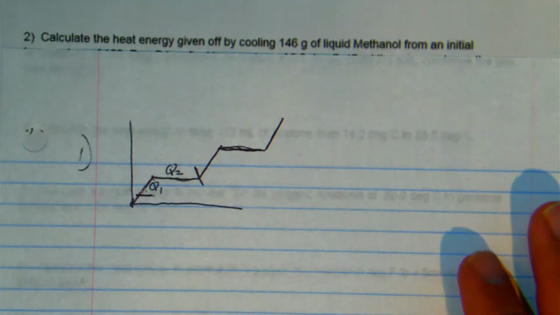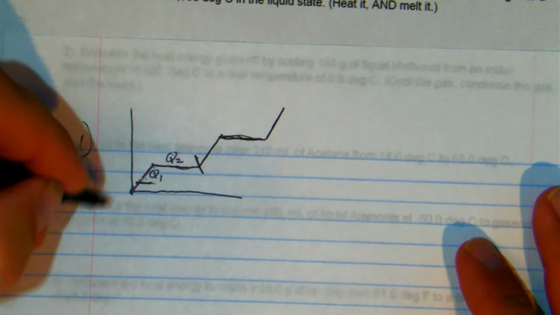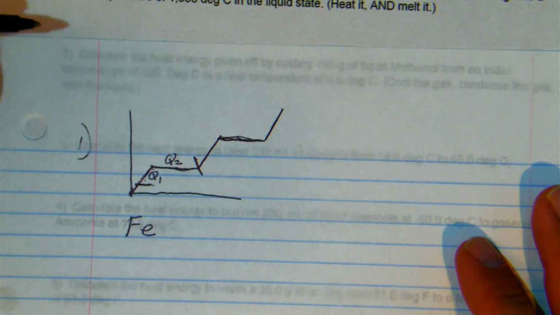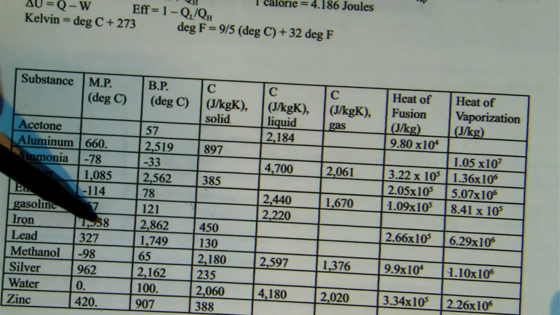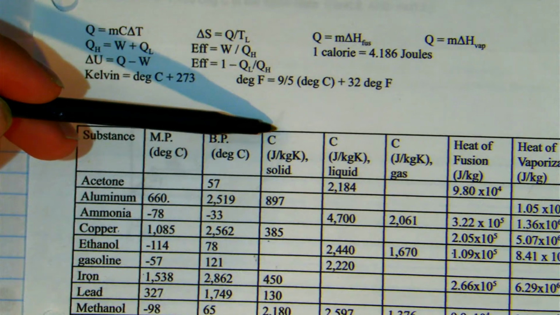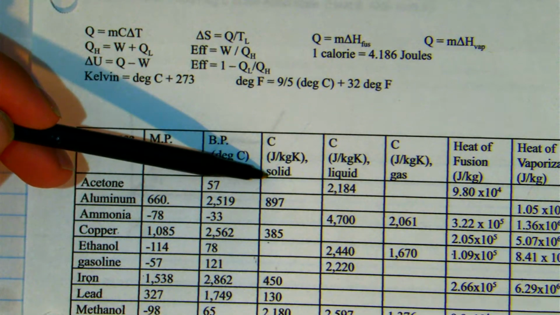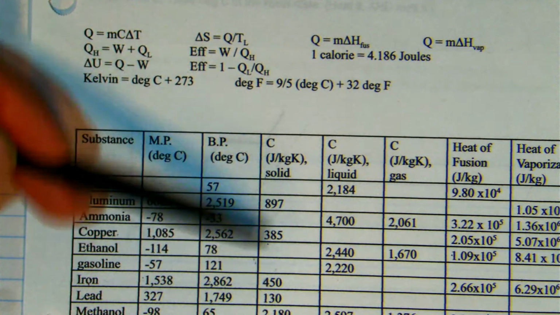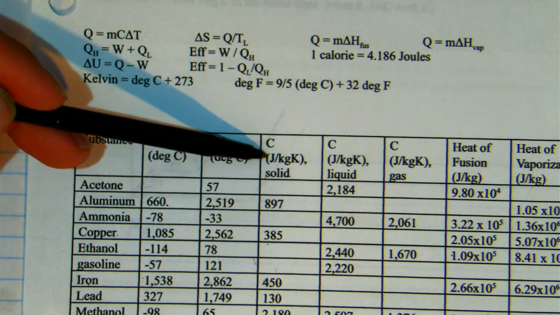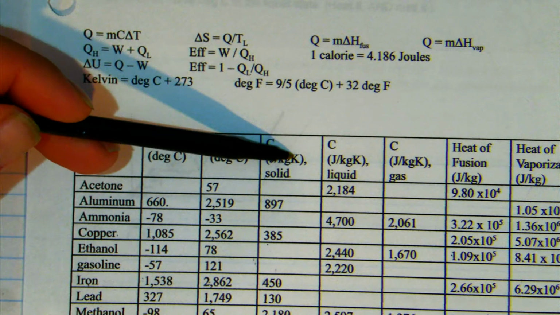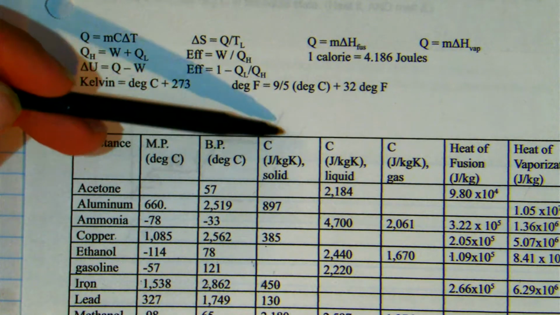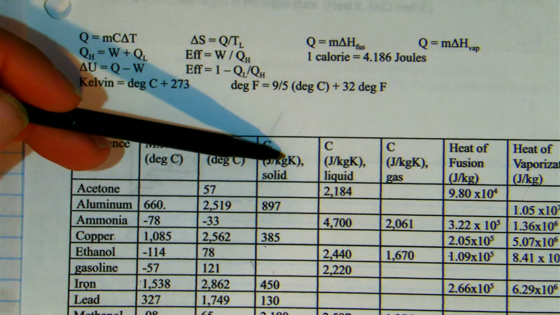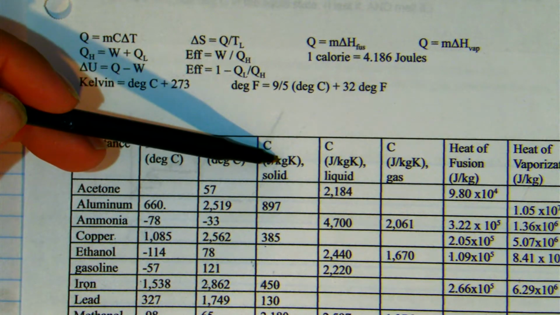The substance is solid iron. Here's the chemical symbol for iron. In the solid state, the specific heat of solid iron is listed here as 450 joules per kilogram per Kelvin. Now we're going to be working in units of joules per gram. There are 1,000 grams in 1 kilogram.